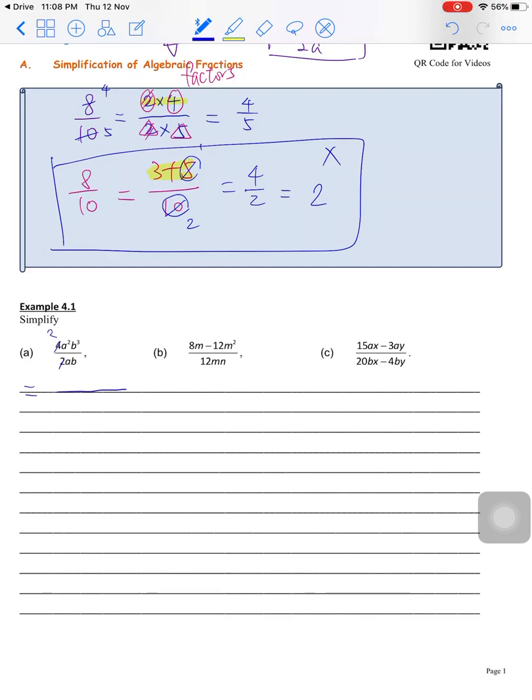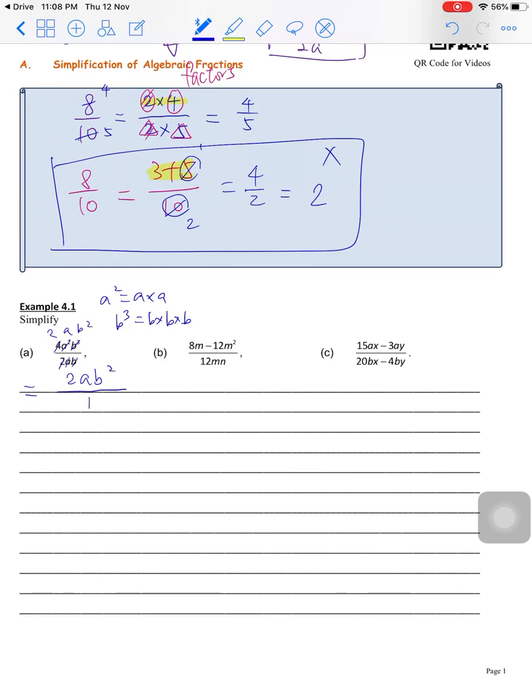We cancel the numbers first. The 2 and the 4, you cancel out, you still have the 2 on the top. And then a squared means a times a, so you cancel out the a below, you still have the a on the top. Same as b to the power 3, that means b times b times b. Then you cancel out one of the b, you still have b squared.